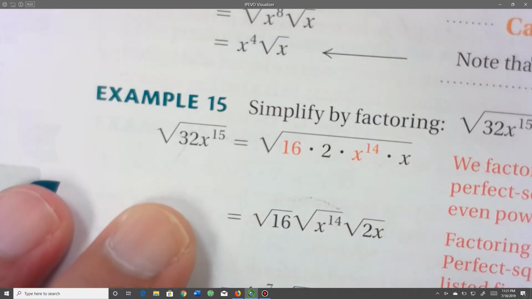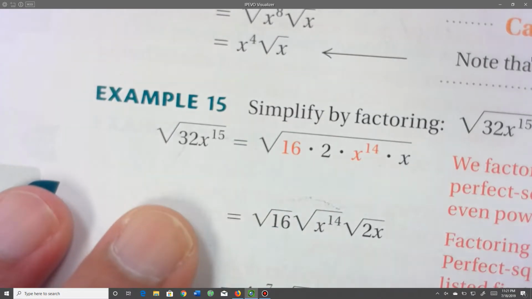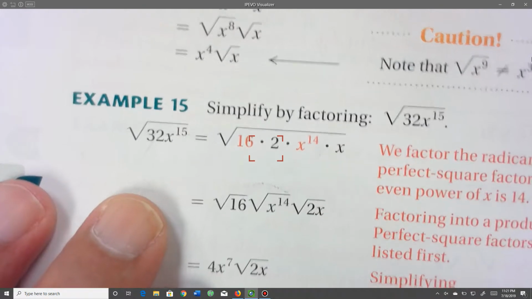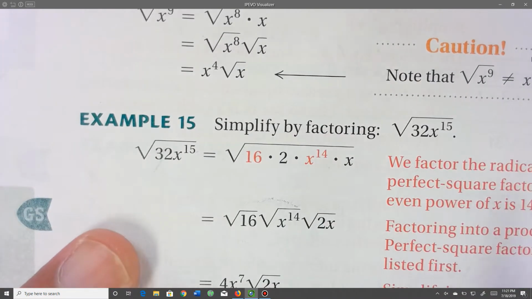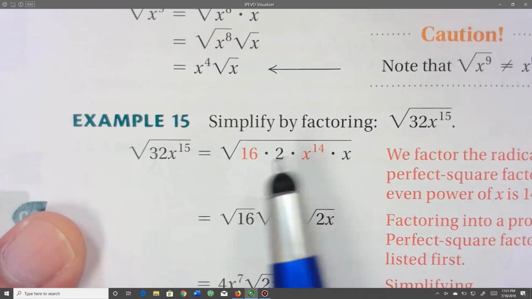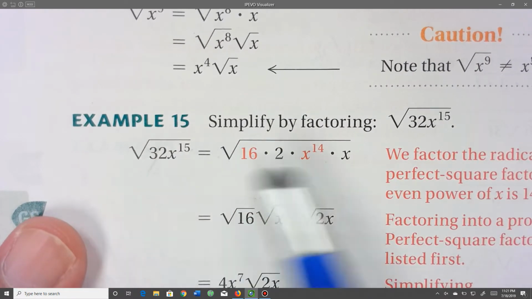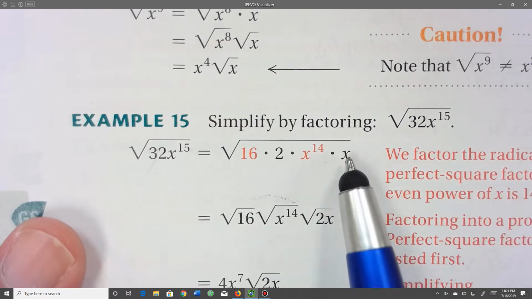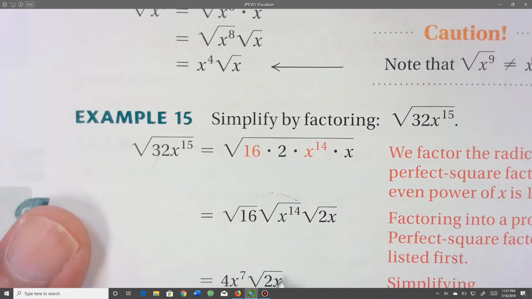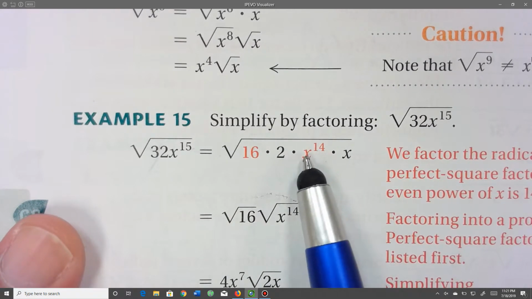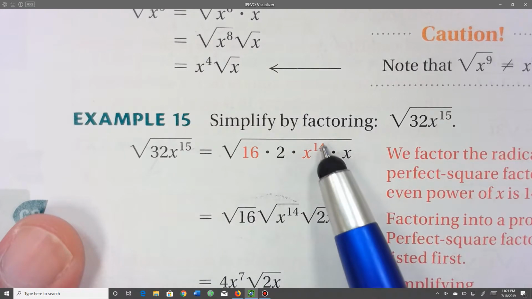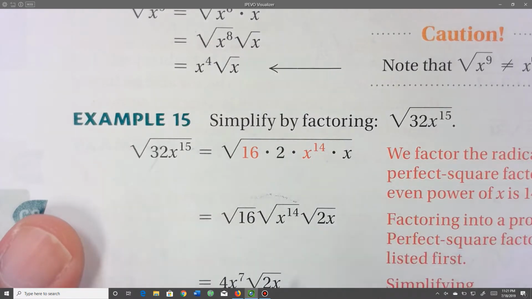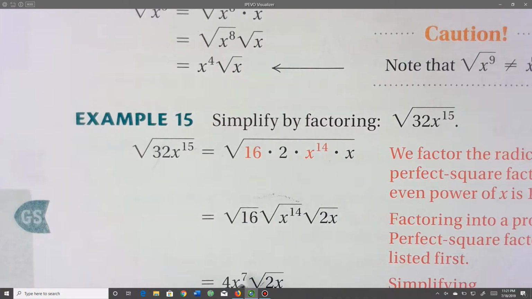It's easier to work with, because I can see that I have an odd exponent here, so I'm just going to leave one of those variables aside. That's going to stay inside the radical sign in the end. Rewrite the exponent as x to the 14th, half it, square it. That's 7 squared, so that's where you get your x to the 7th.